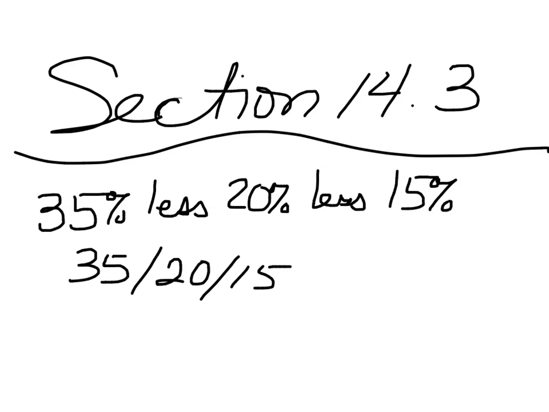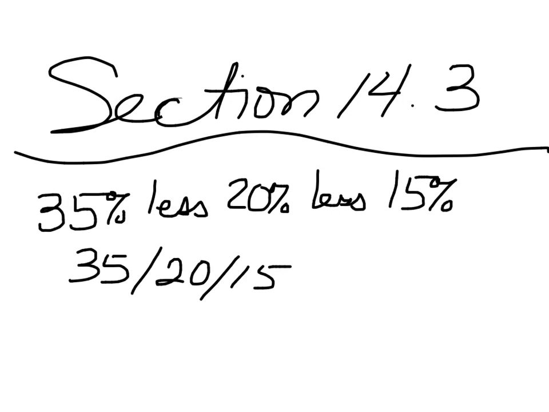Okay, so again, for this particular problem, a 35% discount is deducted from the list price to yield the first net, then 20% of the first net to yield the second net, and then 15% of that. So if you have something for, let's say, $100, then it's 35% off $100 first, whatever that number is.